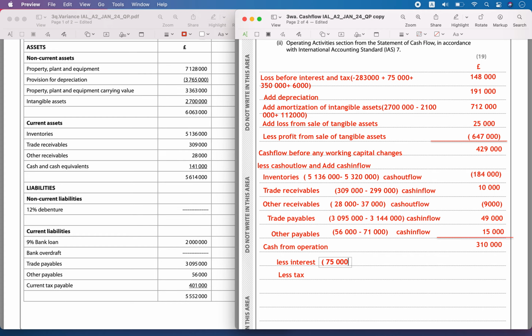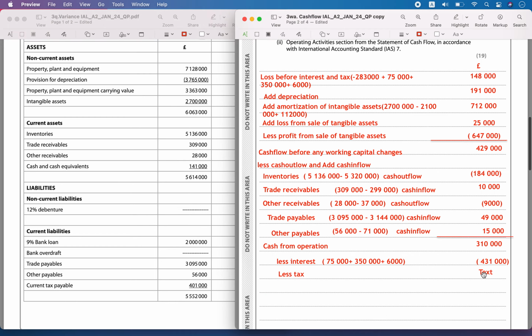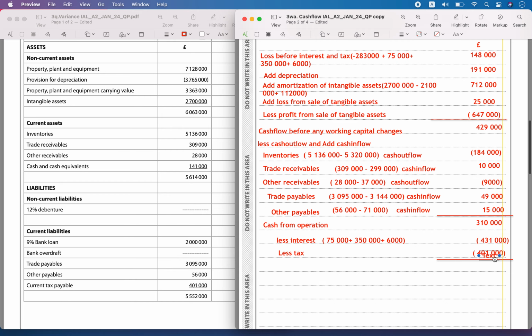So the interest was 75,000 plus 350,000 plus 6,000. We have to subtract that amount, so 431,000 has to be subtracted, and the tax paid was 401,000. So now let's calculate the net cash generated from the operating activities.